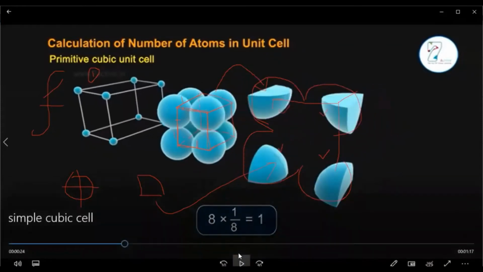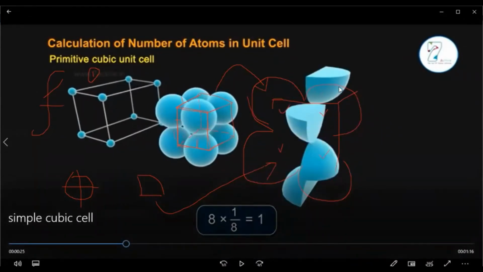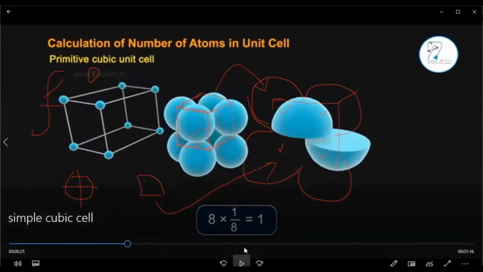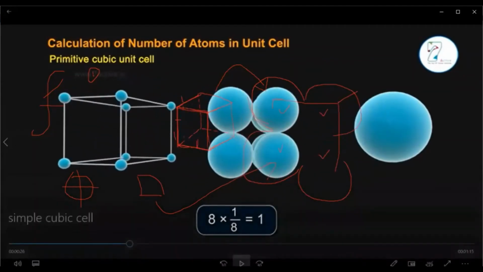So these 1 by 8, 2 of 1 by 8 forming now 1 by 4, right? These 1 by 4 forming 1 by 2. You see this 1 by 4 and this 1 by 4 forming a half, this 1 by 4 and this 1 by 4 forming a half, and this half and this half is now forming a full object. You see.